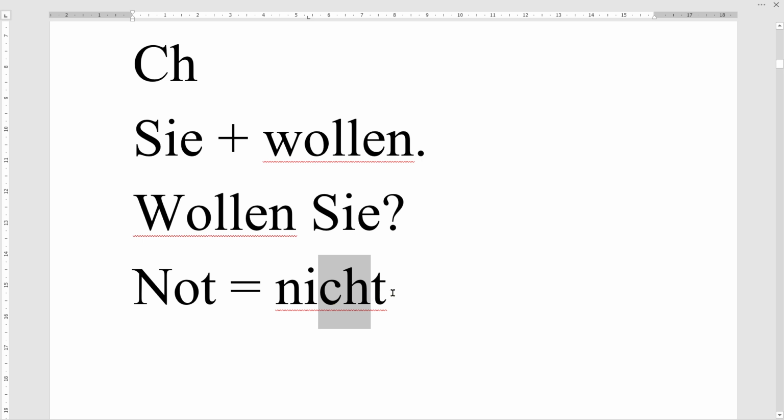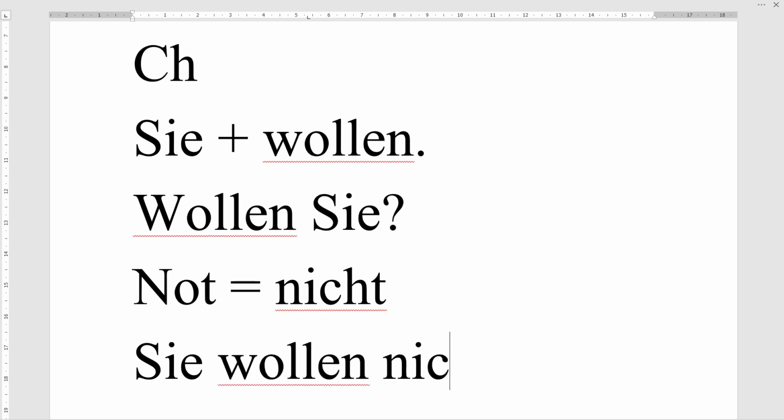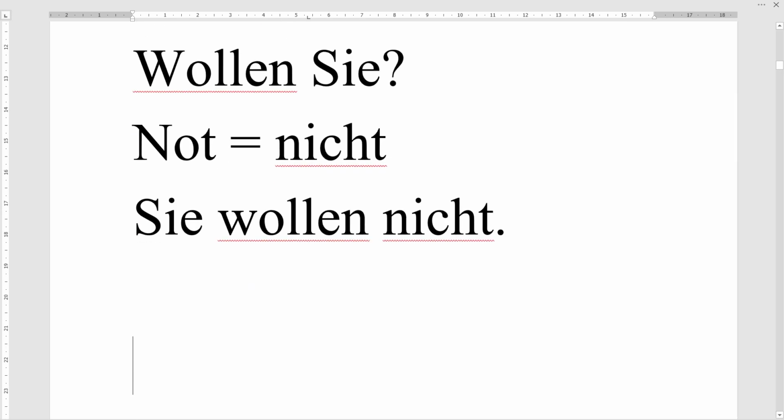It is not exactly sh in English, but it is like someone who has a lisp, who instead of saying nicht would say nisht, where nicht is the correct form. This is what you need to know. Now, if you want to say you don't want, you say Sie wollen nicht. Sie wollen nicht means you don't want.